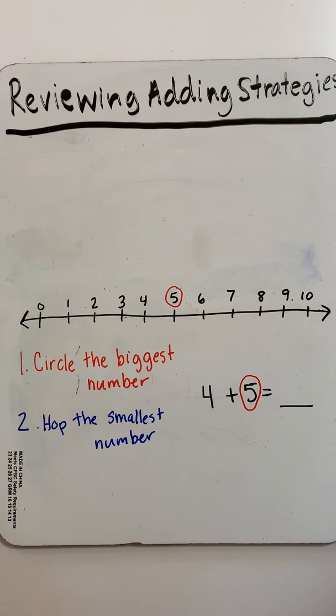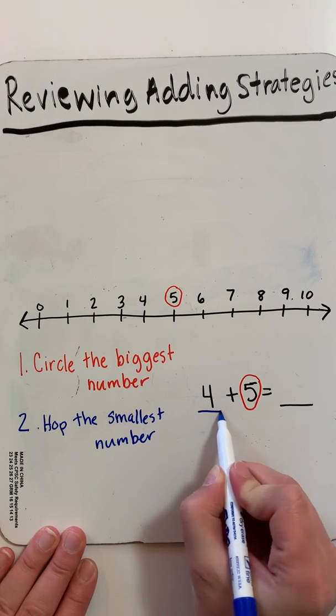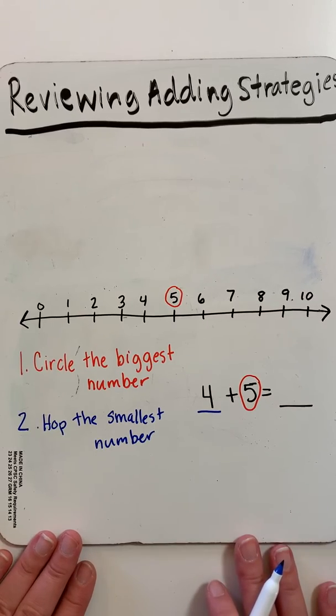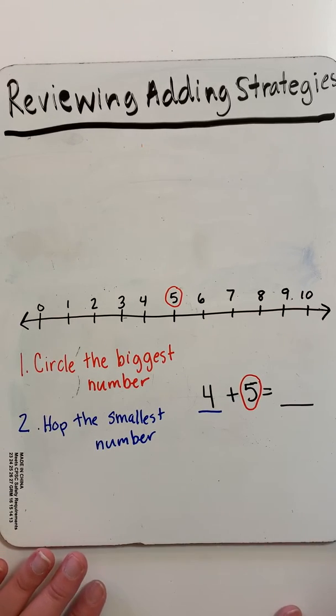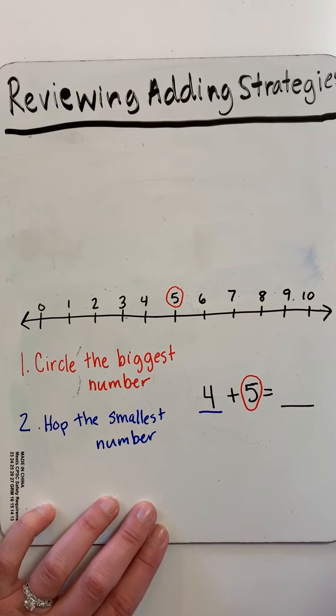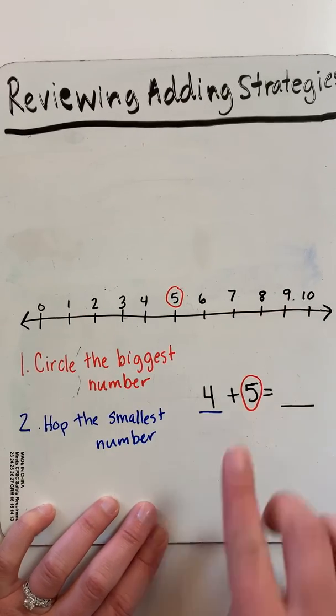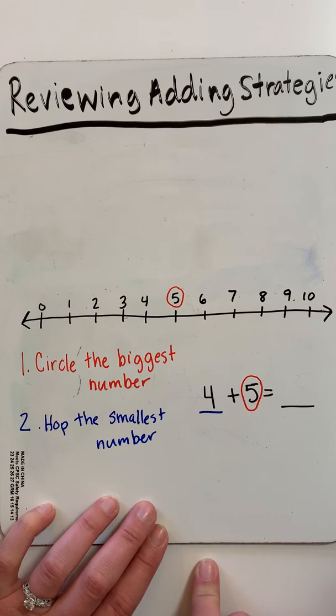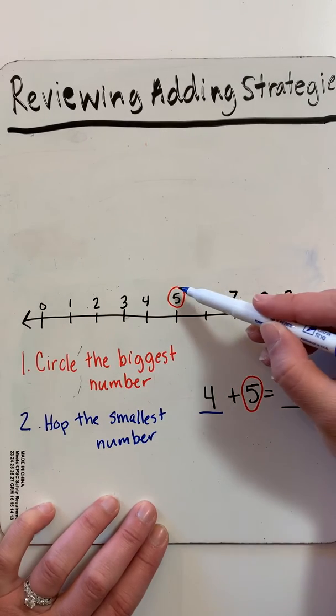What's my next step? What's the next thing that I have to do? I'll give you a hint. It has to do with this small number. That's right, I have to hop the smallest number. So how many times am I hopping? 4 or 5? 4. I'm going to hop 4 times.